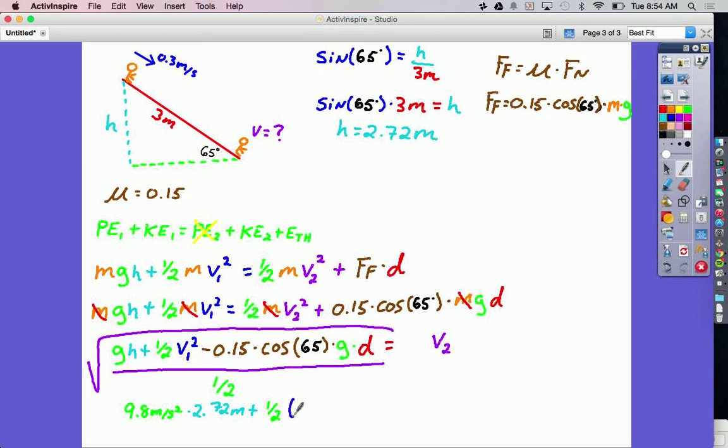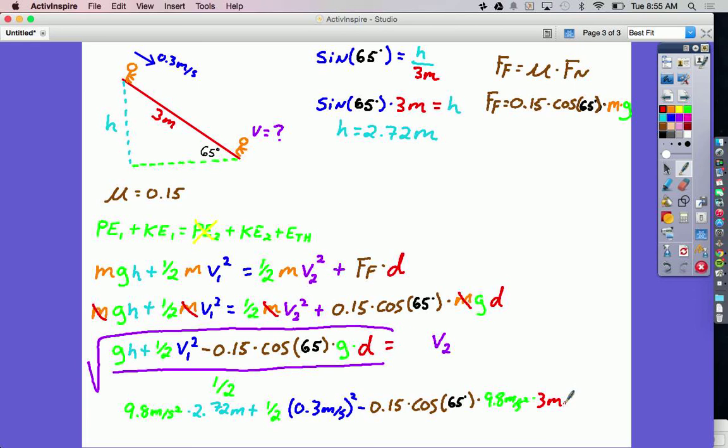Our initial speed was 0.3. And we're going to square that, minus 0.15 times the cosine of our angle, times G, which is 9.8, times the D, which was 3 meters.